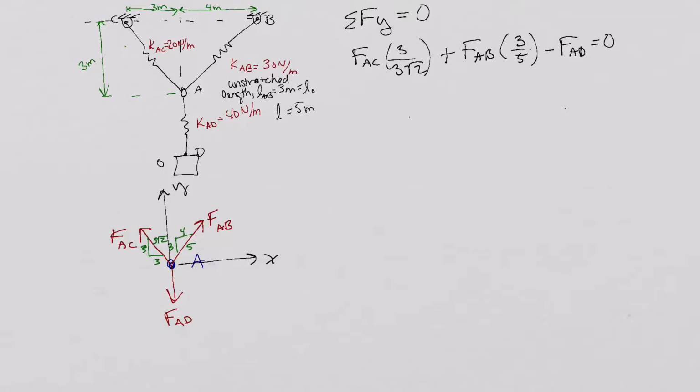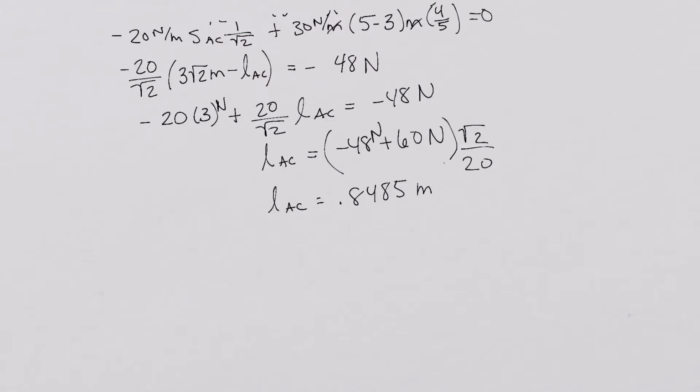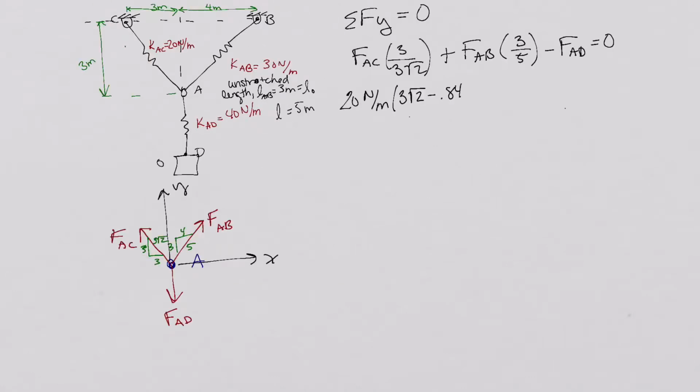So we know FAB, right? And now we can figure out FAC: that's KAC, so that 20 newtons per meter times the change in length. So right now it's 3 square roots of 2 minus that 0.8485, that's meters. And that's FAC times 3 over 3 square roots of 2.